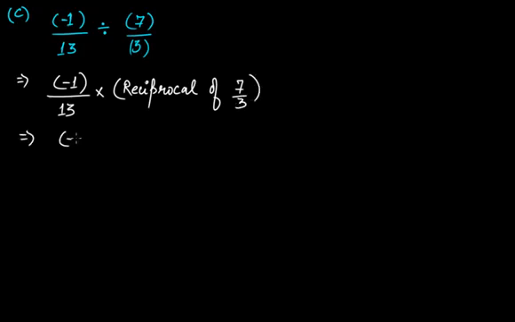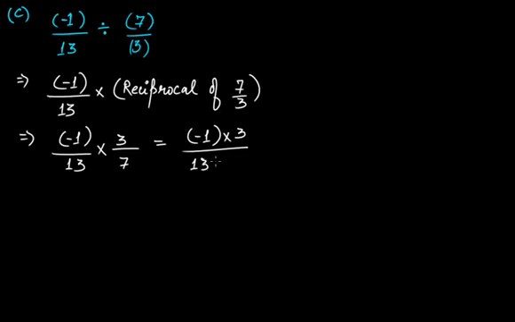This gives you minus 1 over 13 times 3 over 7, and this becomes minus 1 times 3 divided by 13 times 7, and this becomes minus 3 over 7 times 13, which is 91. Okay, now there is no highest common factor, therefore you cannot simplify it further. So this is one answer.